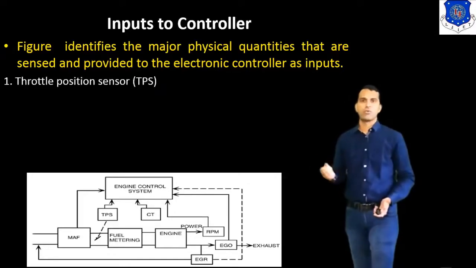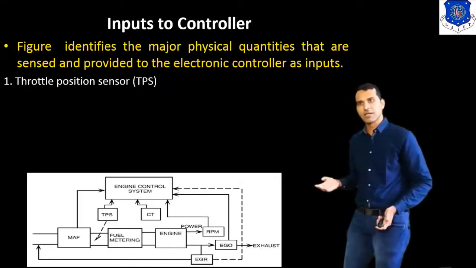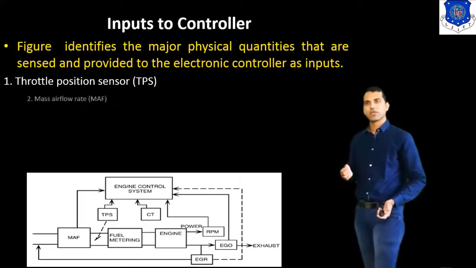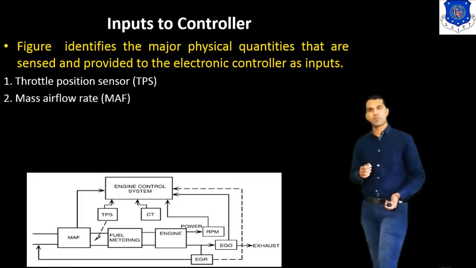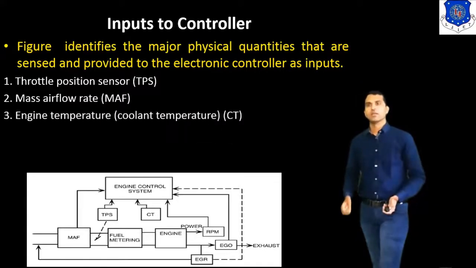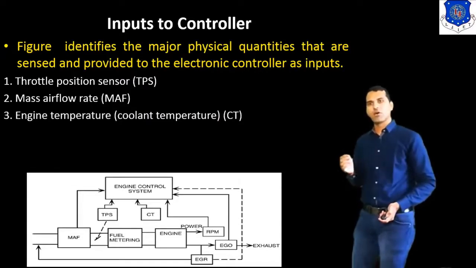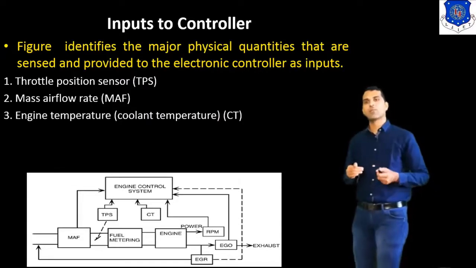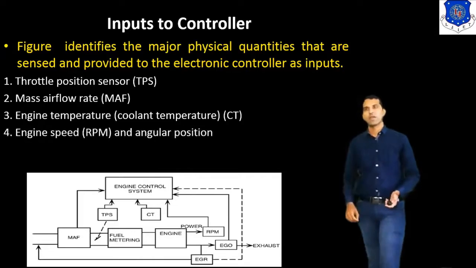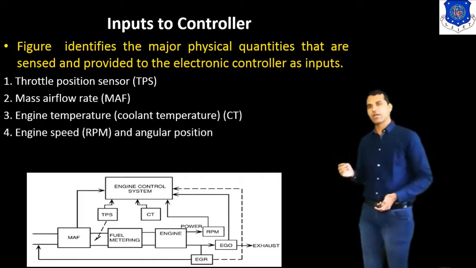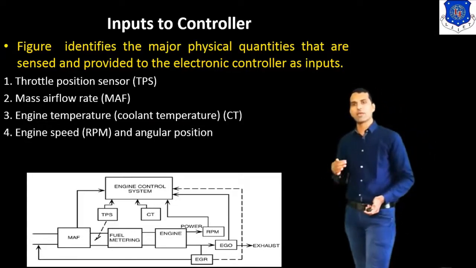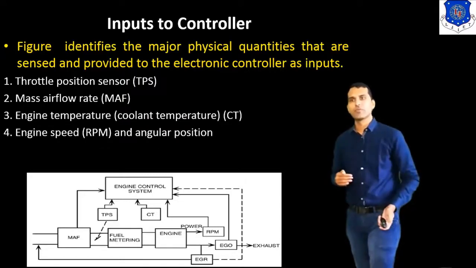Which are they? The first one is the throttle position sensor, short form TPS. The second one is the mass airflow sensor. Then the engine temperature, or coolant temperature sensor. Next is the engine speed, that means RPM and angular position sensor.